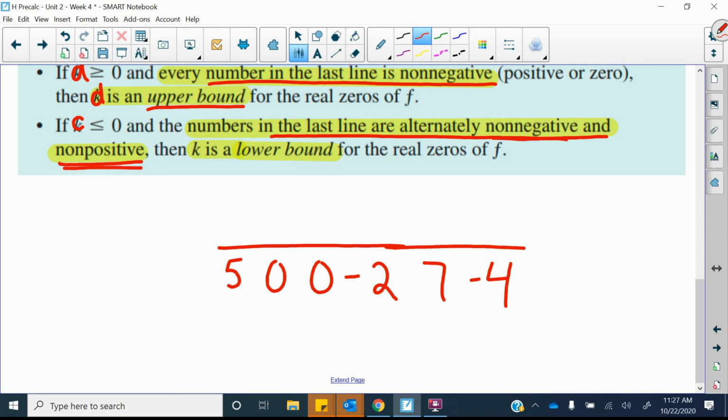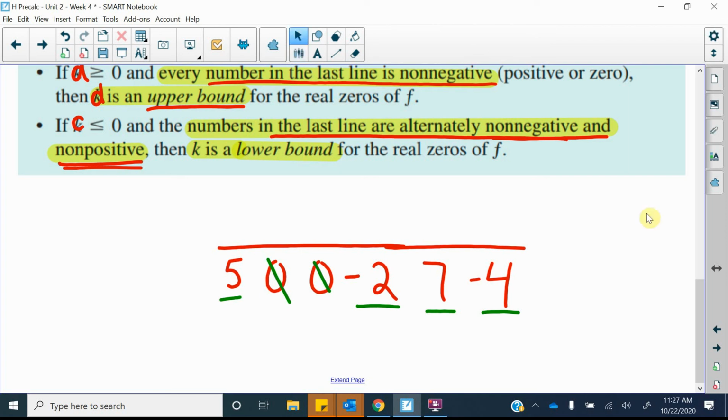We're not worried about the zeros here. We're just looking at the actual numbers themselves: 5 is positive, the next actual number is negative, the next is positive, and then negative.